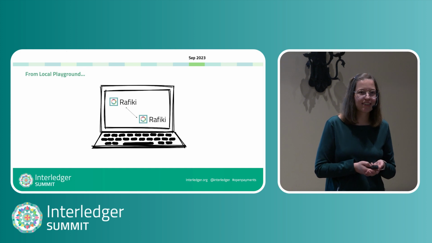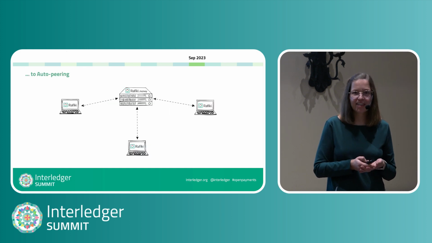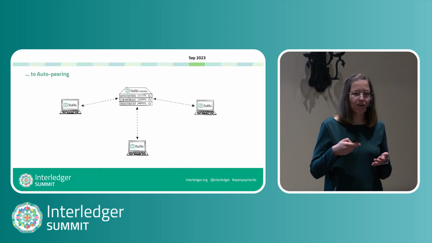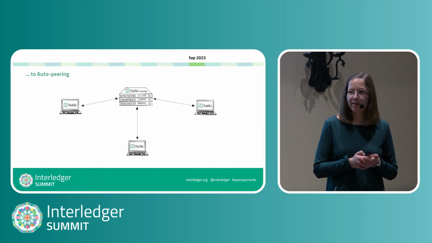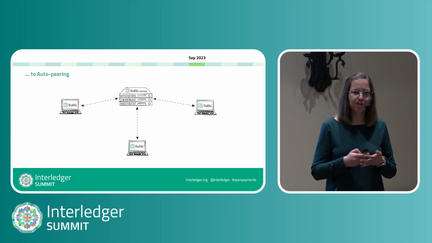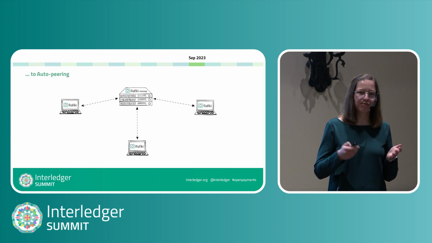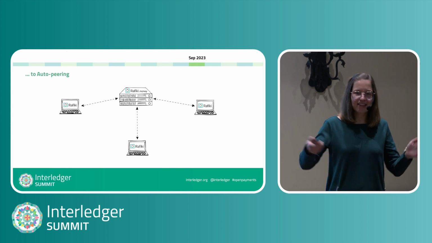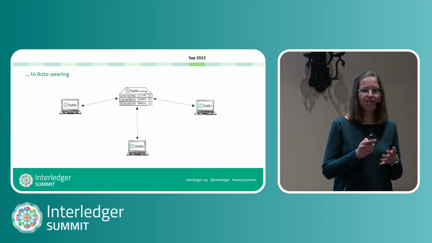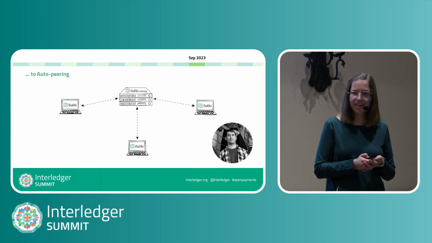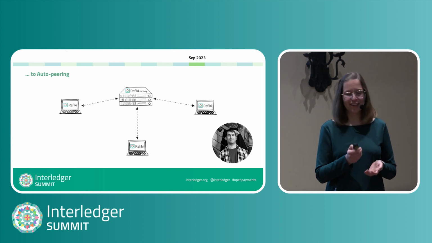So we've now added an auto-peering functionality to Rafiki to automatically peer with Rafiki.money, so we can get a test network going and you can experience what a payment looks like from one instance to another that's not all on the same computer. Thank you very much to Dragos, who did all the work on Rafiki.money, and to Max, who did the work within Rafiki.